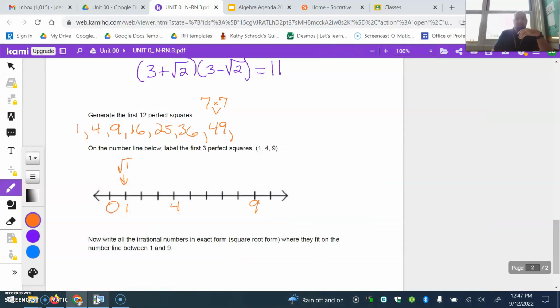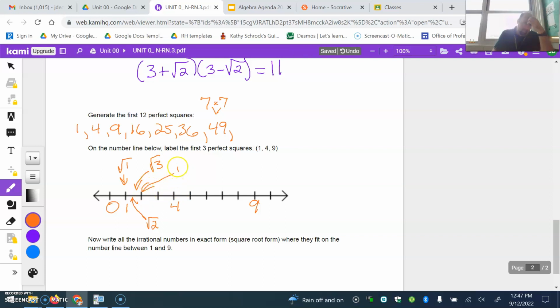So, where is 1.41? It's a little bit less than halfway between 1 and 2. So it's like right here. So square root of 2. And then the square root of 3, I think, is a little bit above that. So it's like right here. Square root of 4, that's 2. That's going to be right here.